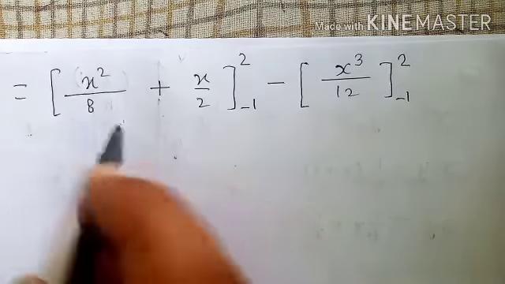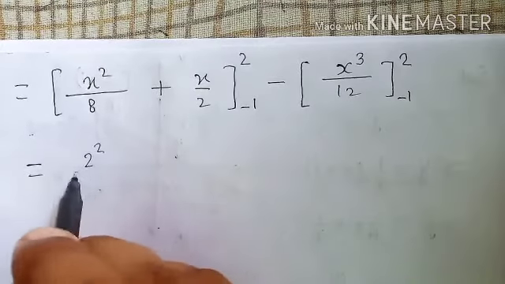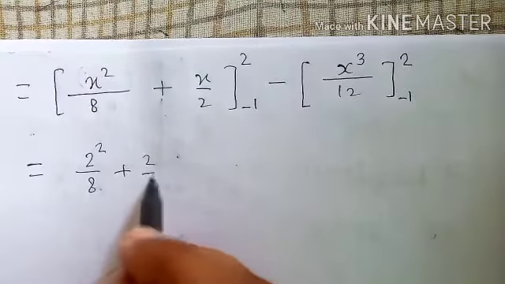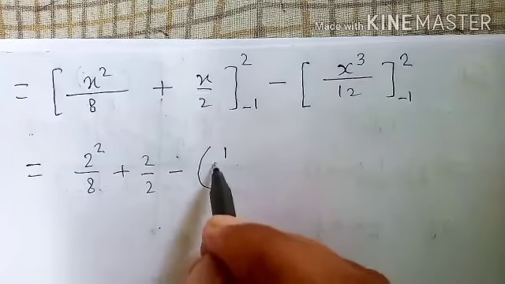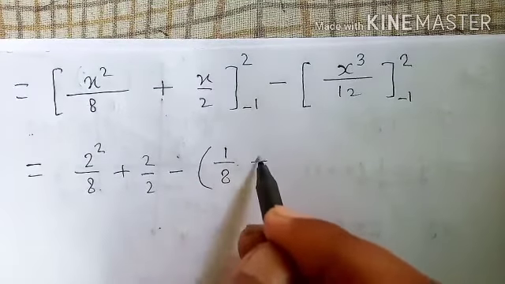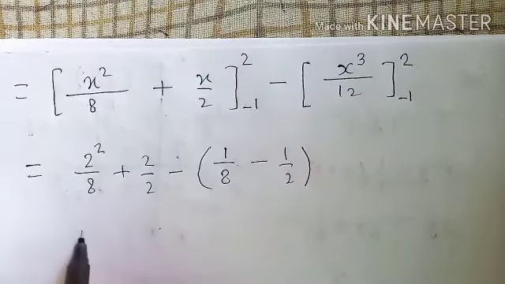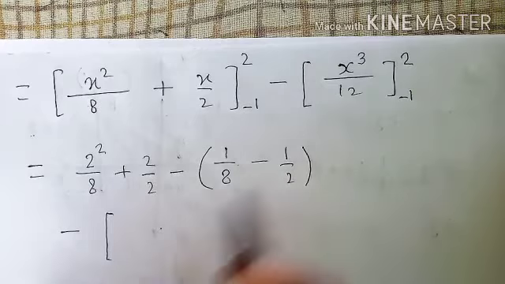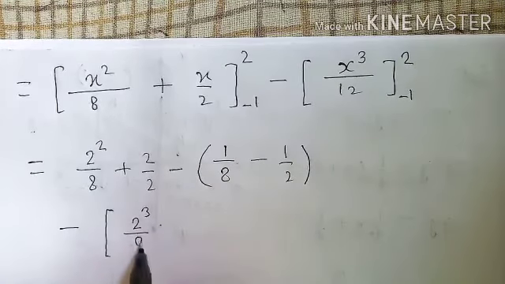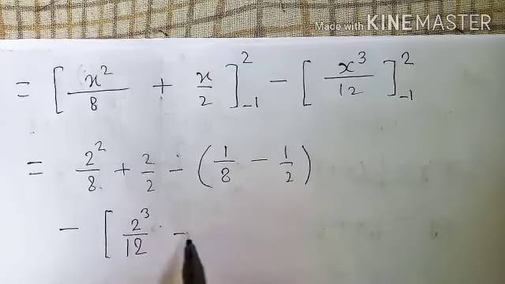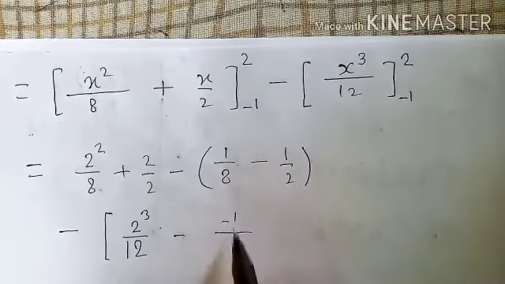Now we put the values. So we have 2 square by 8 plus 2 by 2 minus 1 square is 1 by 8 minus 1 by 2, minus, if we put x is equal to 2, then 2 cube by 12, minus 1 whole cube is minus 1 by 12.